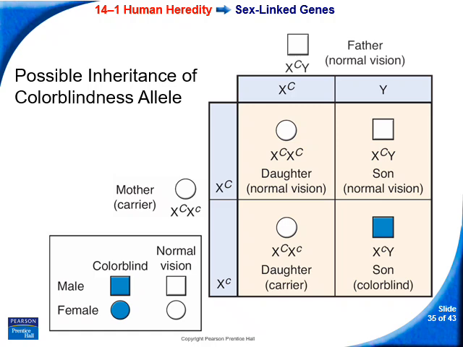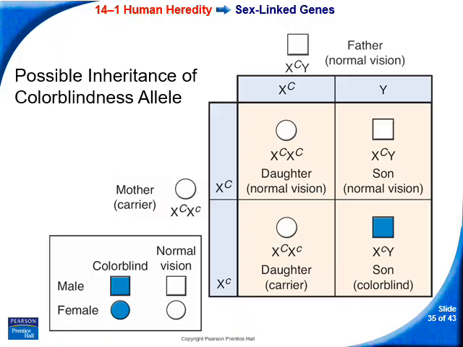For instance, here the father has normal vision. This is the father, and he is not colorblind. Then their son would have normal vision. But the mother here is colorblind. You can see this X chromosome here that carries the recessive trait.